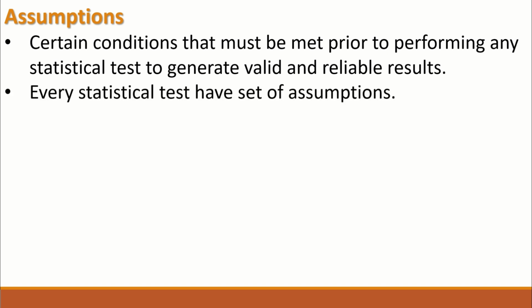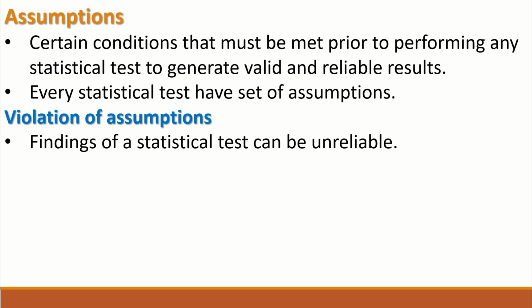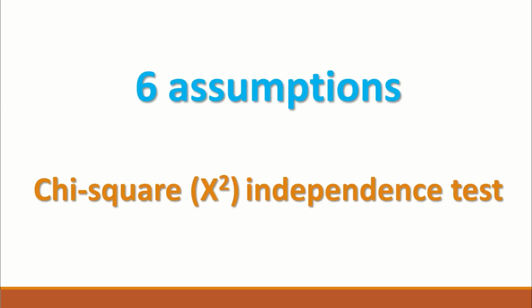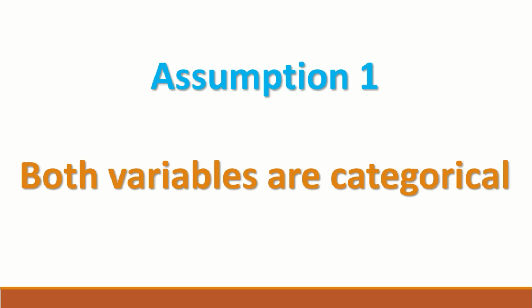So every statistical test has a set of assumptions that have to be fulfilled. Any violation of these assumptions will lead to unreliable findings from the statistical test and will also lead to incorrect conclusions. So there are 6 major assumptions that have to be fulfilled before performing the chi-square independence test.